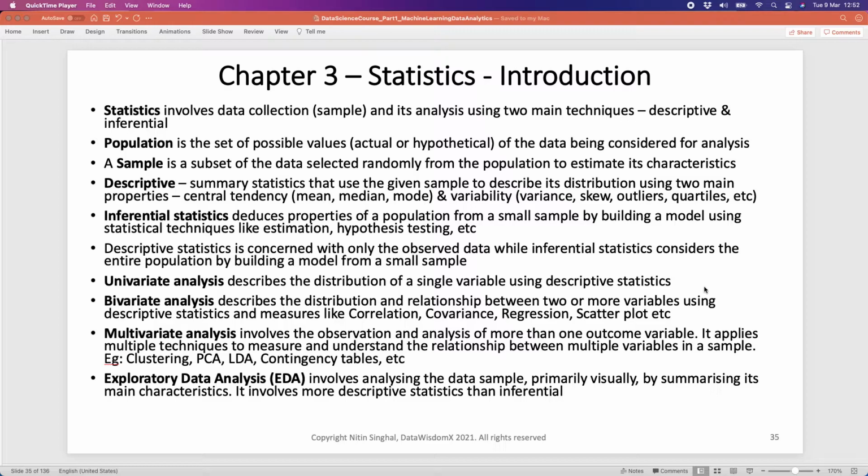A single variable population is just like a simple student example where you only know their height. So you want to see how it's distributed, what the average is, and there you can use descriptive statistics. For bivariate, let's take an example of a simple fruit or vegetable. You know that certain fruits are expensive in the summer, and some are expensive in the winter.